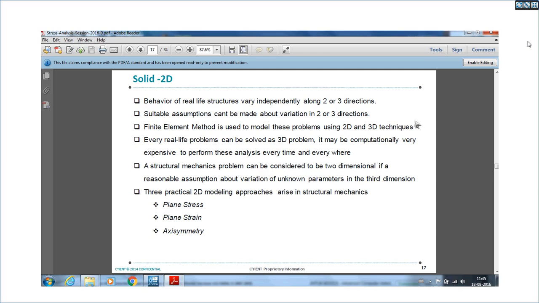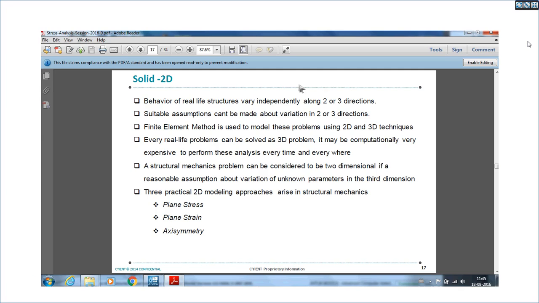So just to summarize on solid 2D, in model idealization we can do whatever assumptions. One of the important things is whenever you do an assumption, it should not affect the physics of the problem, and the results should not be affected. If you meet both these things, we can do assumptions.